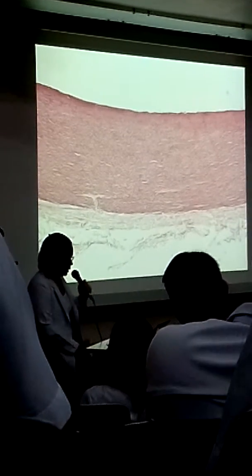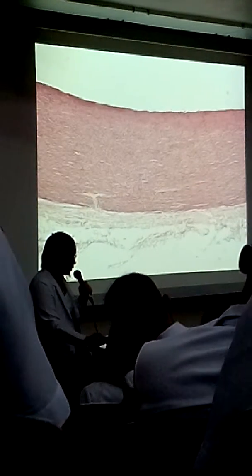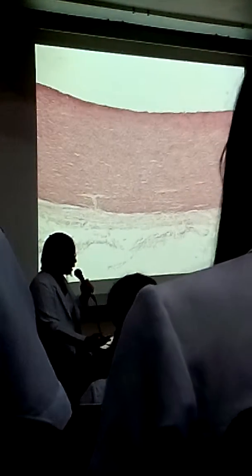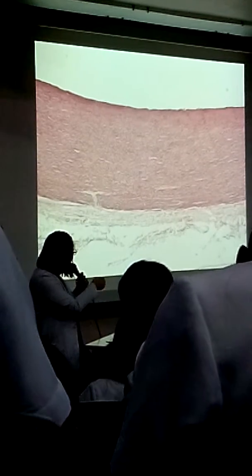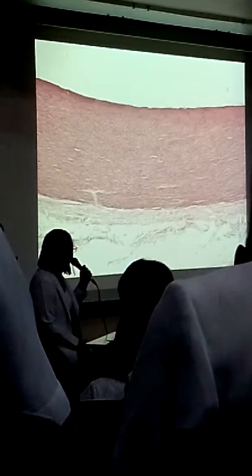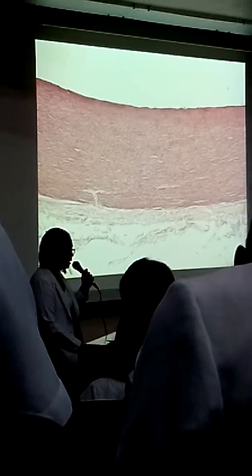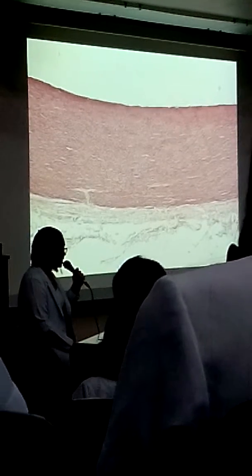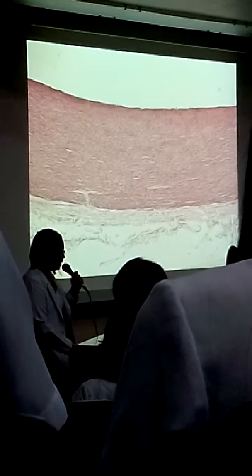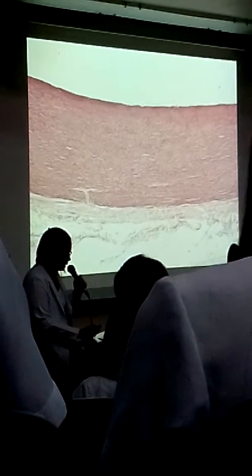the aorta is basically the thickest part of your aorta is the tunica media. And what are these white structures in between your smooth muscle? Anybody? I heard somebody answering. Yeah, it's elastin. So in between the smooth muscles are the elastin.